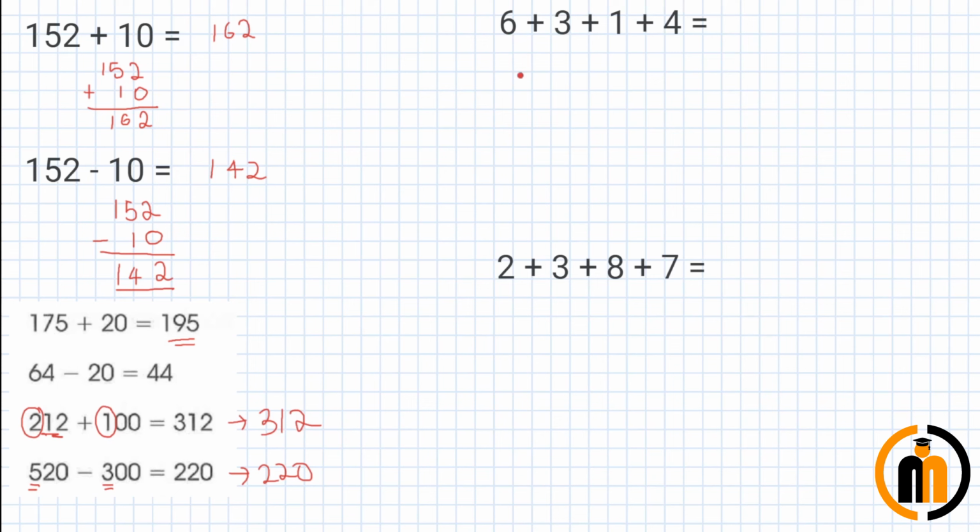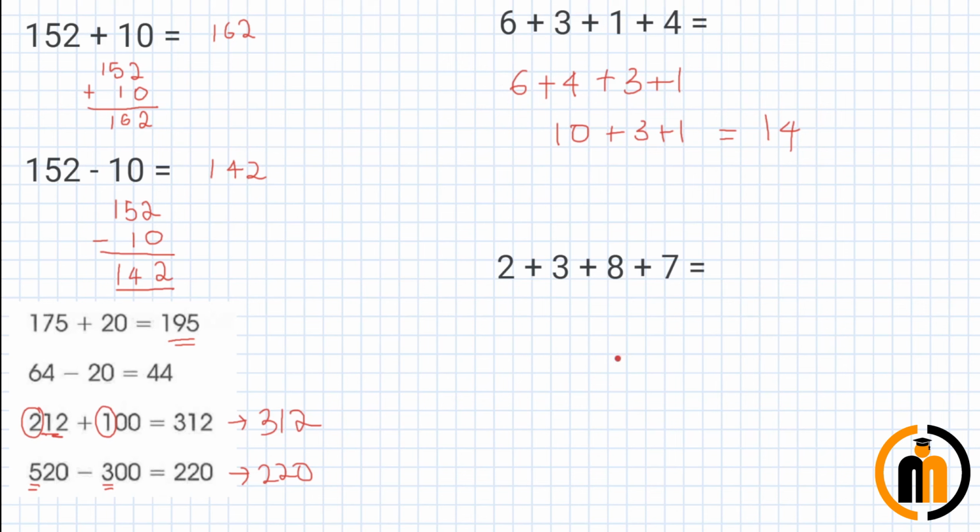We add the numbers that give us tens. 6 plus 4 gives us 10, plus 3 plus 1. So 10 plus 3 is 13, 13 plus 1, you get 14. It's easier to add numbers that give you 10. It's more comfortable that way.